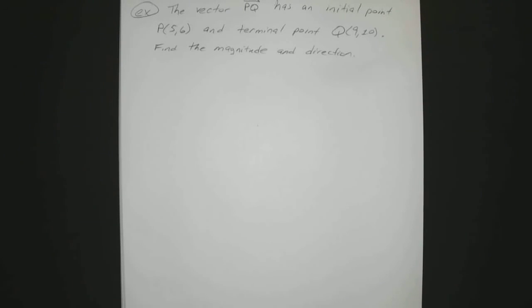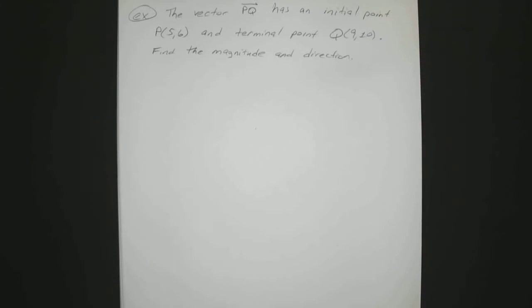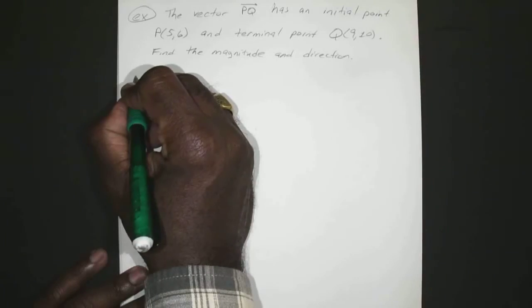Okay, so the one thing we know is that to find the magnitude and direction, we need the position vector. So we have our initial and terminal point, so the first thing we have to do is find our position vector.